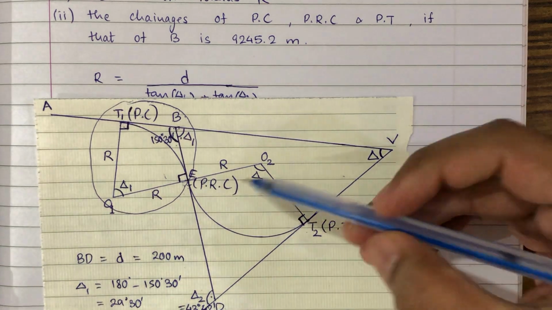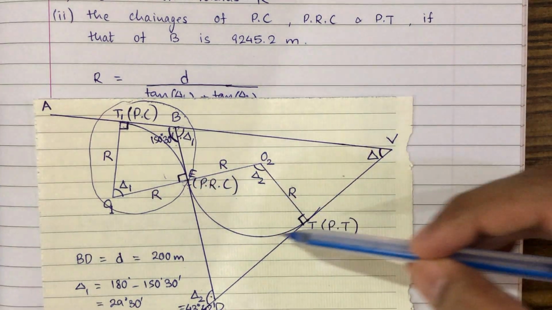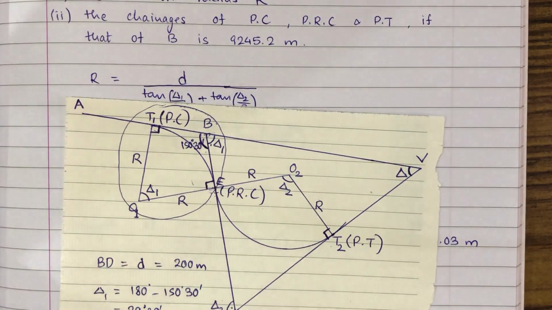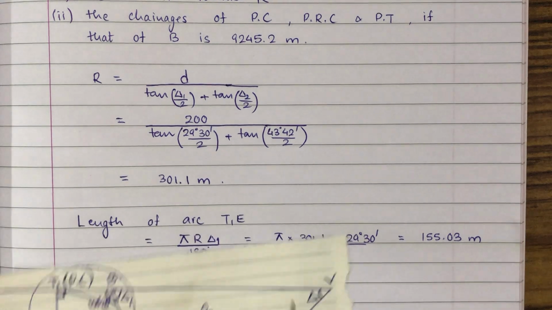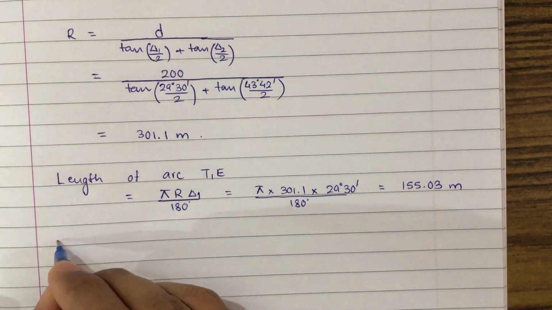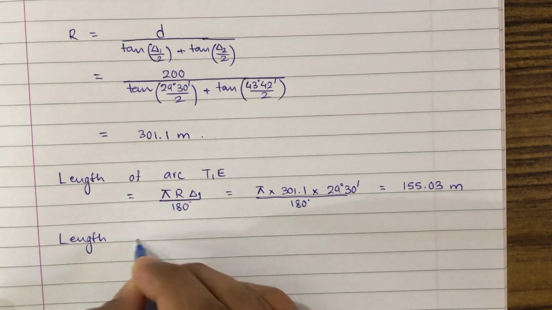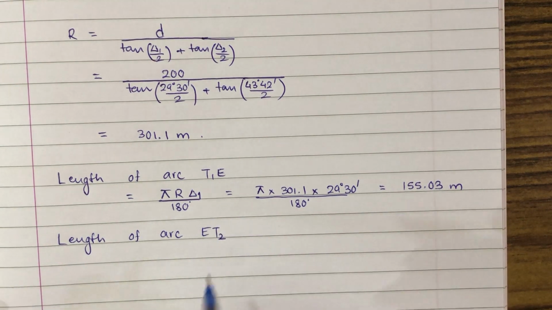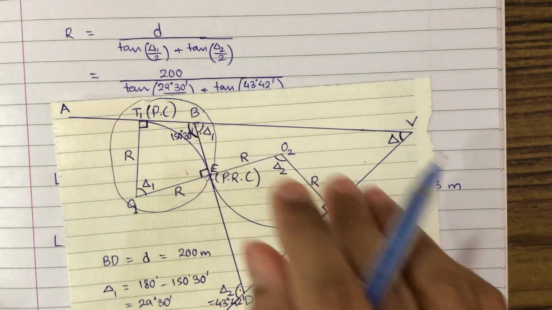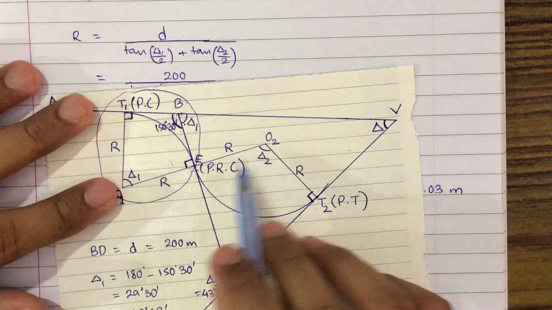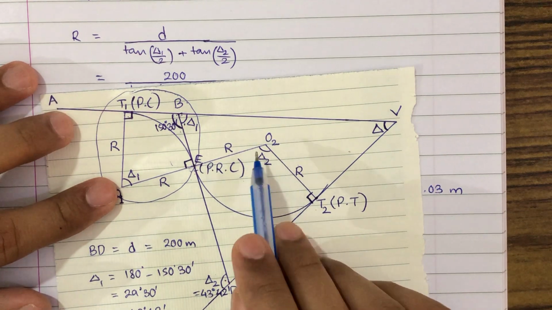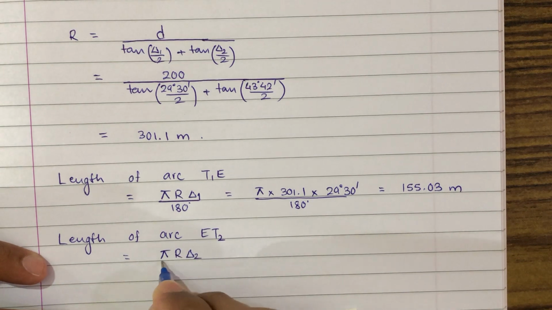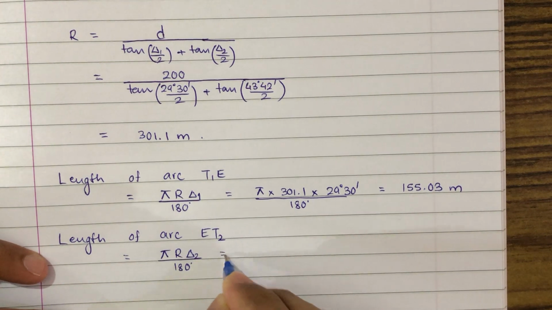Next, we need to find the length of this arc ET2. Again we'll apply the same formula. Here the arc ET2 has a radius capital R, but it has a central angle delta 2. So this will become pi r delta 2 upon 180 degree.